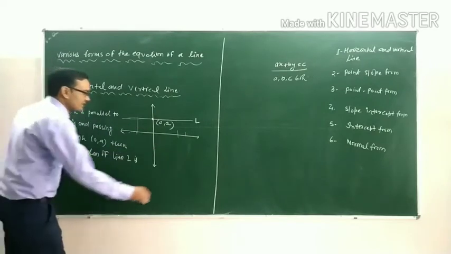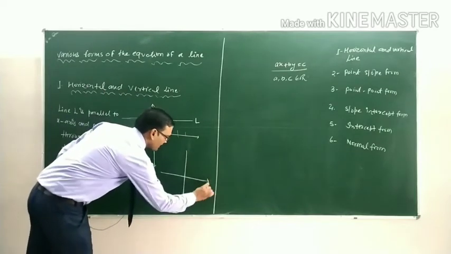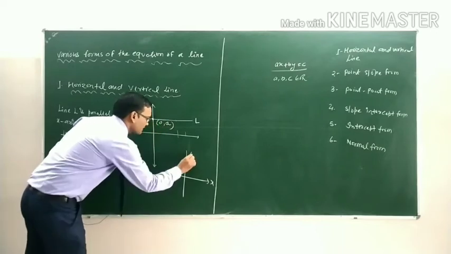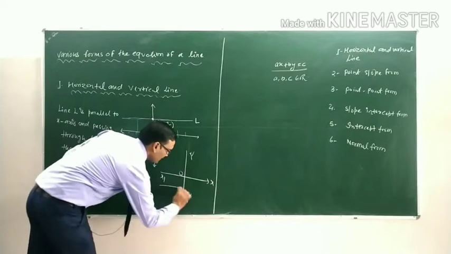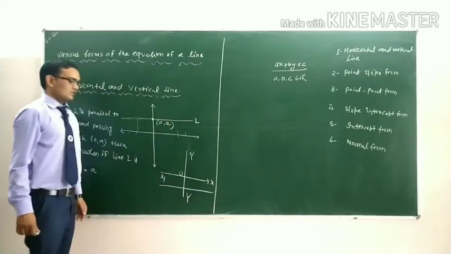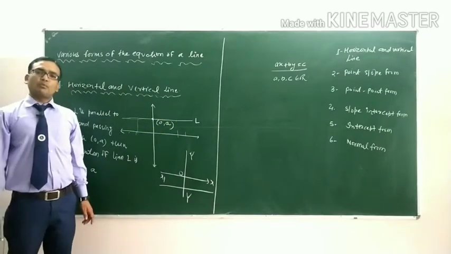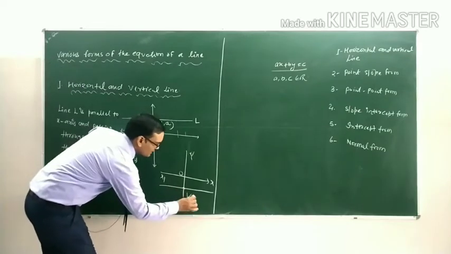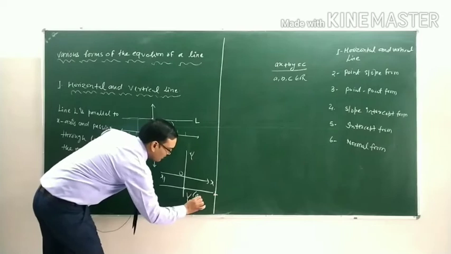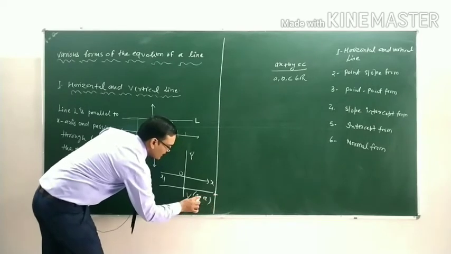And second condition, if the line is horizontal, then the line also passes through the negative direction of the y-axis.